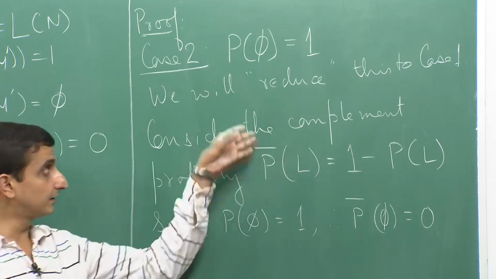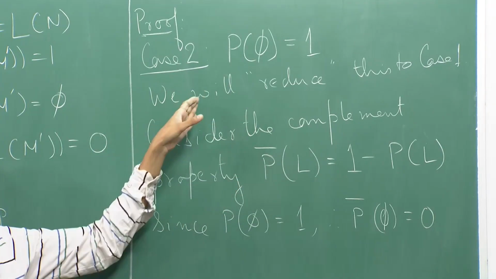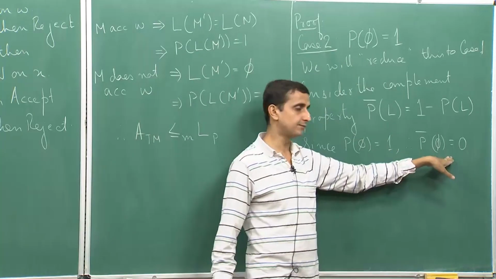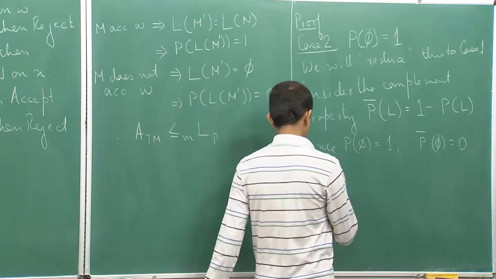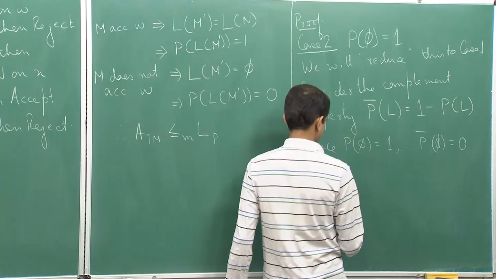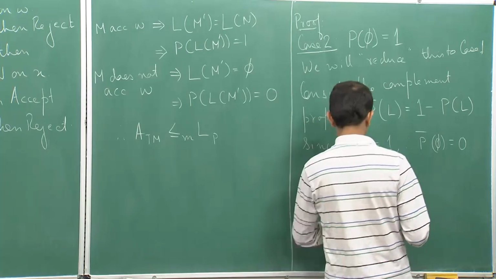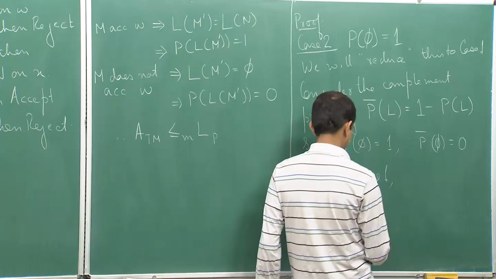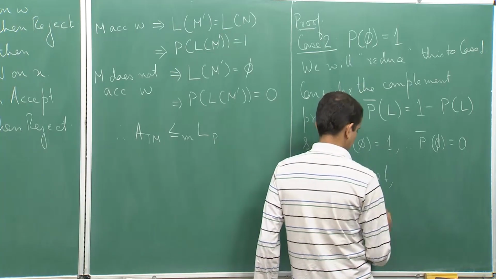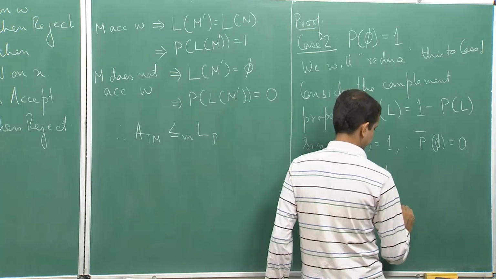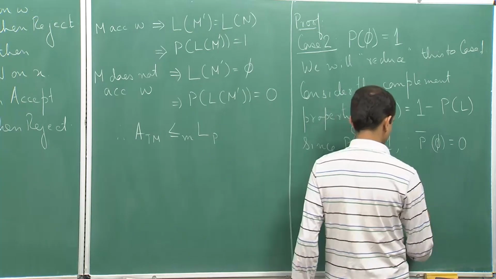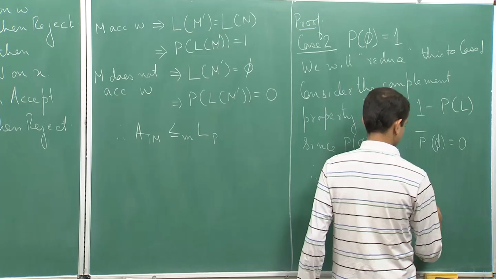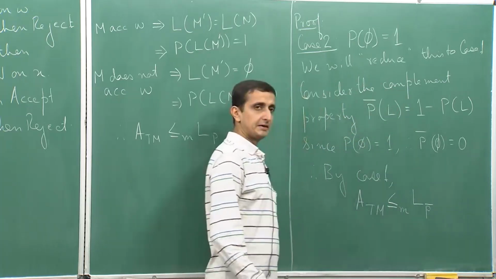Now, whatever we said in case 1 for P of phi, we can say it for P bar of phi. Therefore, by case 1, what we have is that ATM reduces to L of P bar.